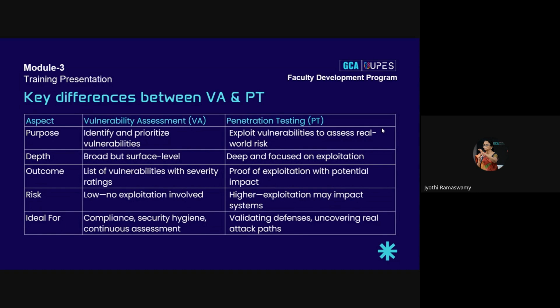But if it is penetration testing, they will do all the VA, and they will also say that if you try to enter through this door, there are people sitting there, or there is a CCTV which will capture your movement, right?